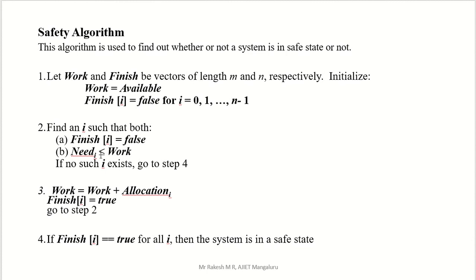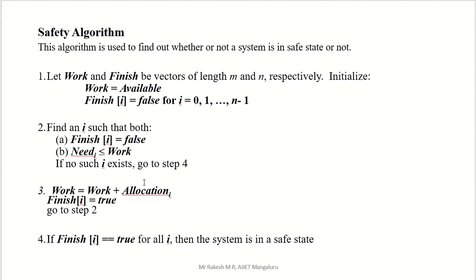If yes, true, then go for the third step, that is work equals work plus allocation. Then your process is finished, so finish is equal to true. Yes, the process is completed. If not completed, you have to wait, or go again to the second step. Okay, this is the safety algorithm.